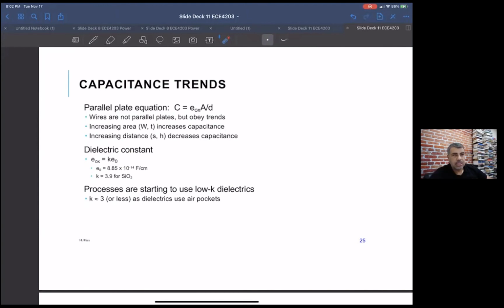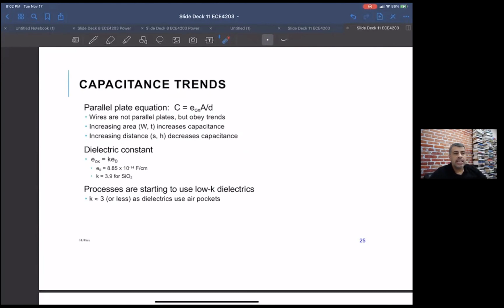And the examples in interconnect we're talking about today: well, the resistance, we go from aluminum to copper, you get a little bit of improvement there. Or the dielectric, you use some other dielectric and you go from 3.9 to 3.